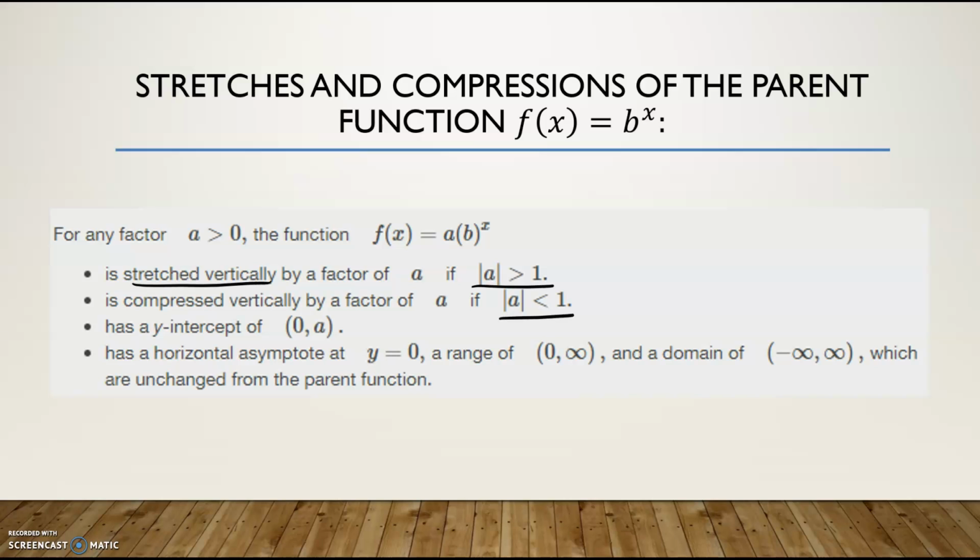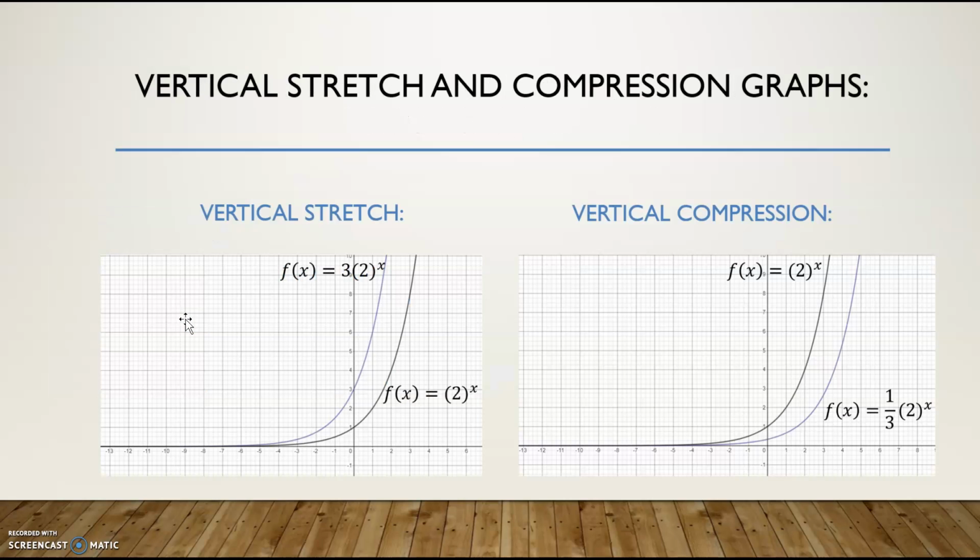If it is less than 1, then you have vertical compression. Now this one has a y-intercept of (0, a). It has a horizontal asymptote at y equals 0, a range of 0 to infinity and a domain of all real numbers.